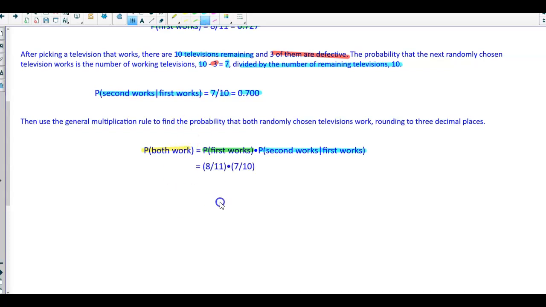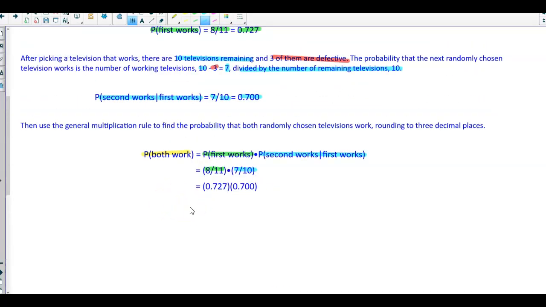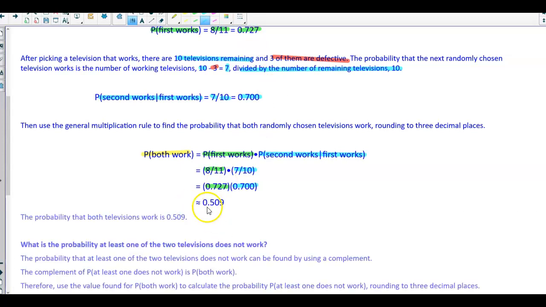We know that's 8 divided by 11 times 7 divided by 10, and we know what those decimals are: 0.727 times 0.700, and then we round our result to 0.509. Therefore, the probability that both televisions work is 0.509. So that is our result.